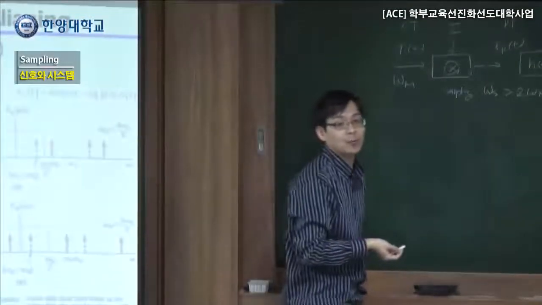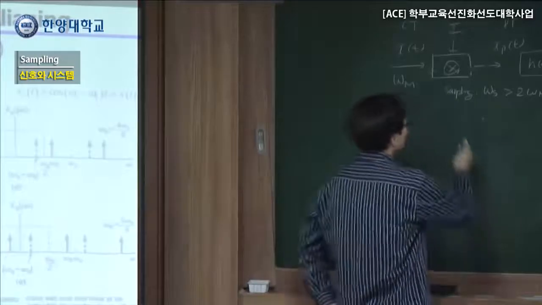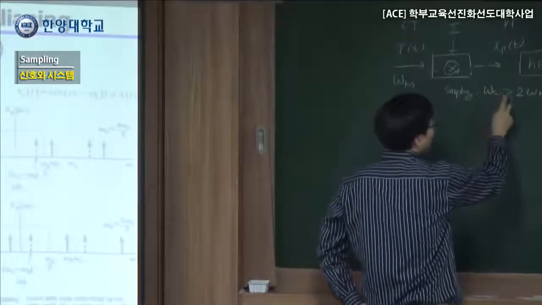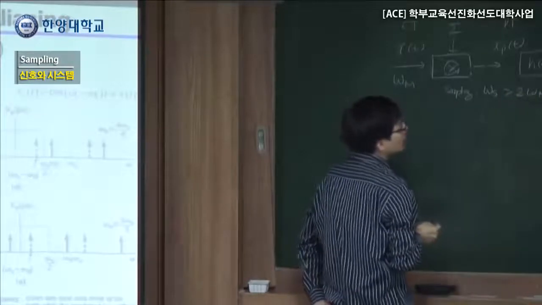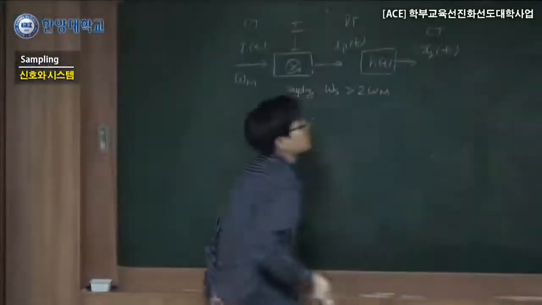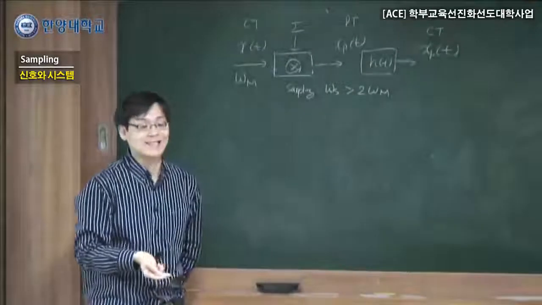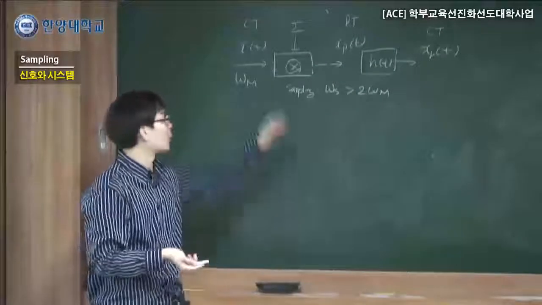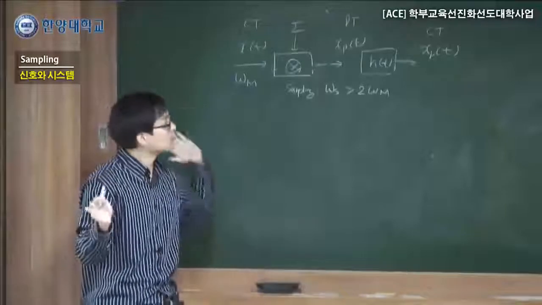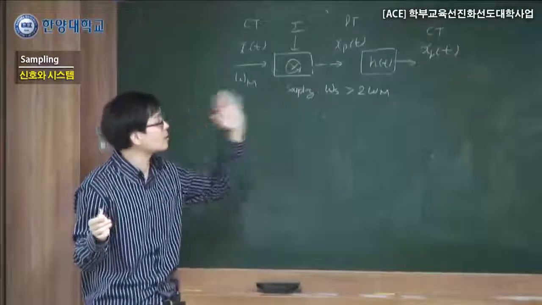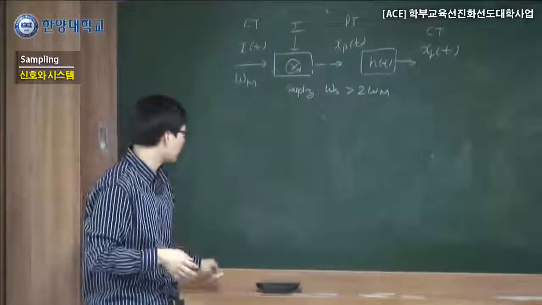And why do we have to avoid overlapping? Because when overlapping happens, after passing through this reconstruction algorithm, the reconstructed signal is not the same as our original data. That's why we talked about it before. So this is a very basic system we talk about right now.